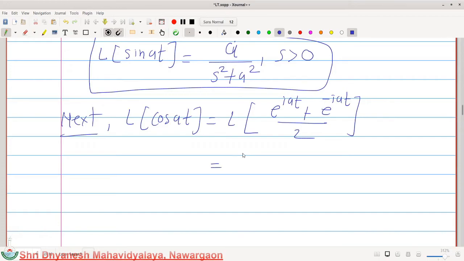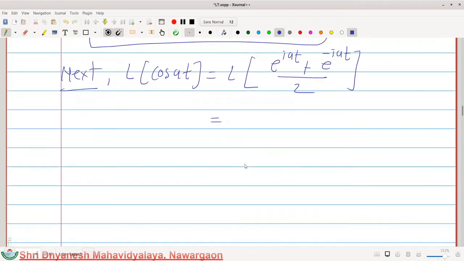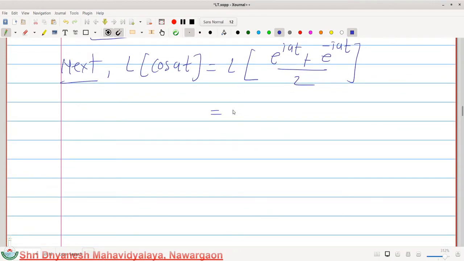So if you want to do this as your practice, you can pause this video and start finding the Laplace transform of cos at. Otherwise, you can continue the video. So you can bring 1 by 2 out of this Laplace transform, as we know this operator follows the linearity property.